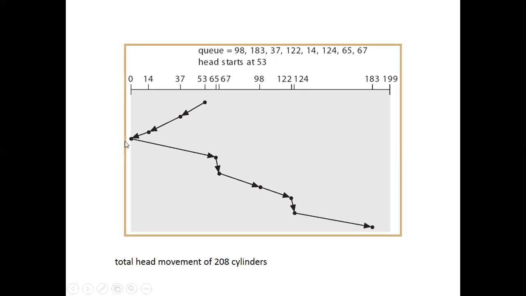When I reach the end, I can reverse my direction, that is, move to the right side. While moving to the right side also, I can service the requests: 65, 67, 98, 122, 124, 183. Again, calculate the total head movement for this algorithm. So that's about SCAN scheduling.